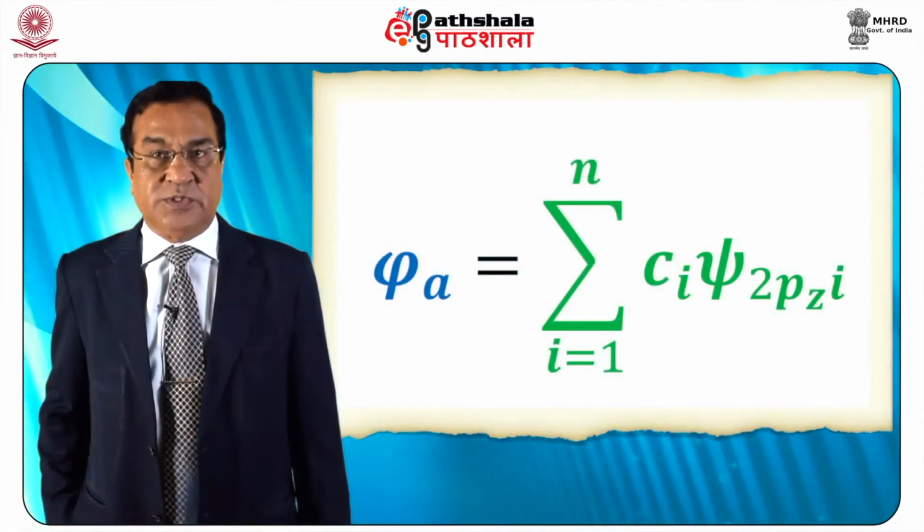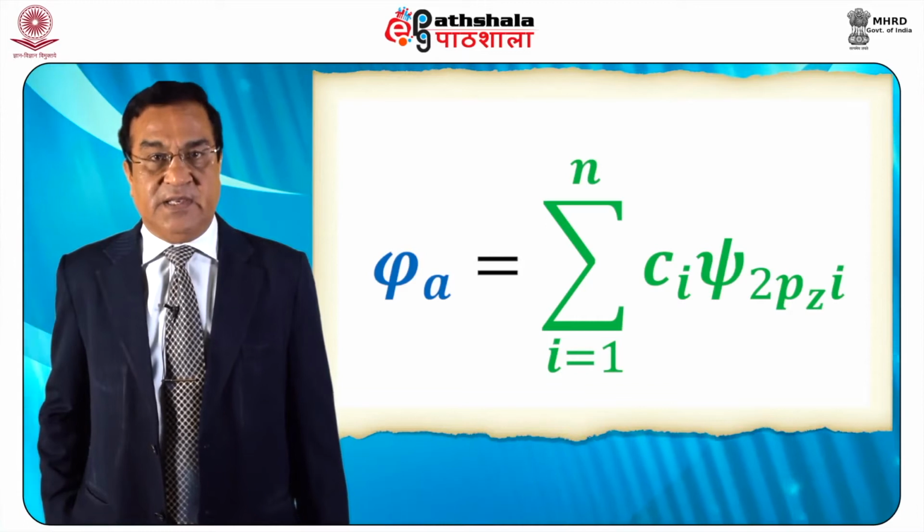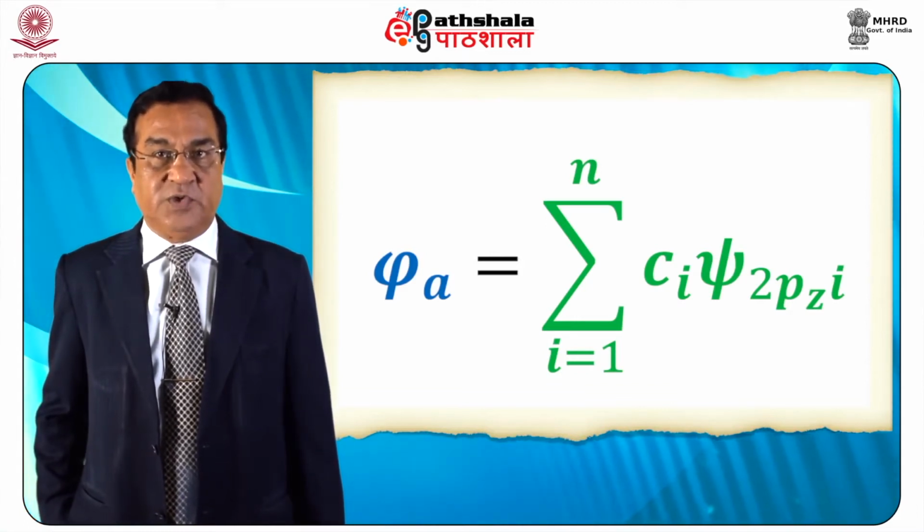Now, as we have already seen in the last module, the wave function or the pi molecular orbital in HMO is believed to be a linear combination of pi orbitals. That means, according to the LCAO-MO approximation, the MO can be written as phi_A equals the summation of c_i psi_2pz,i, where i is taking a summation from 1 to n.